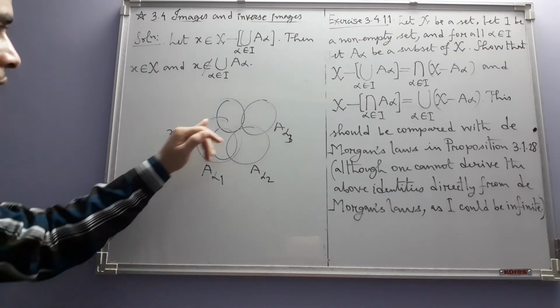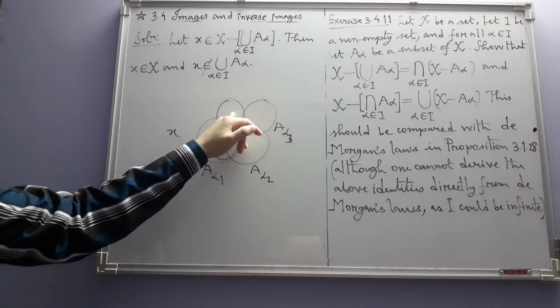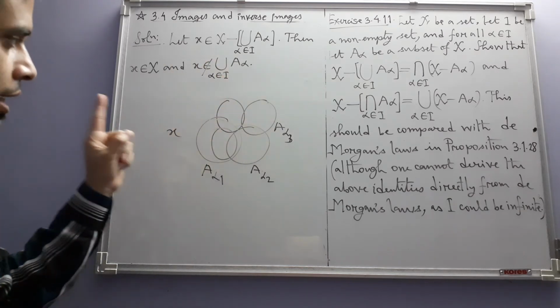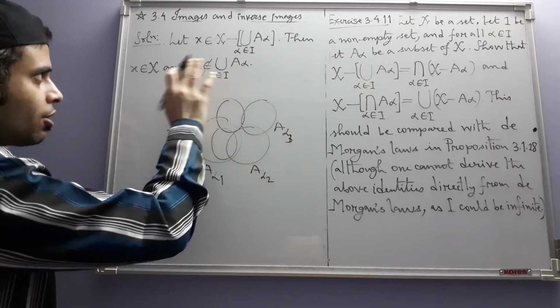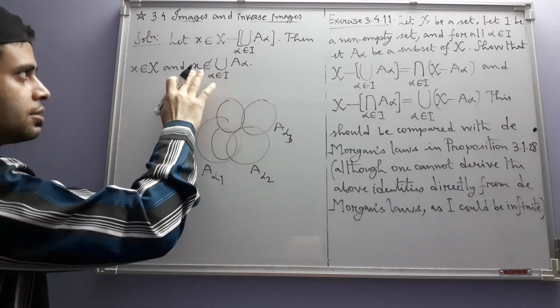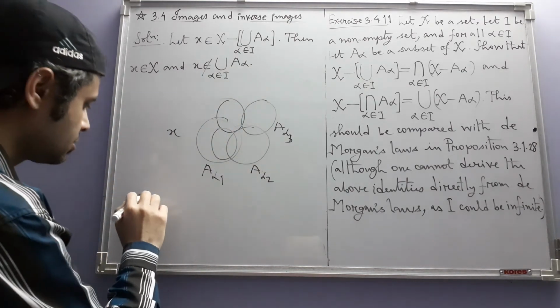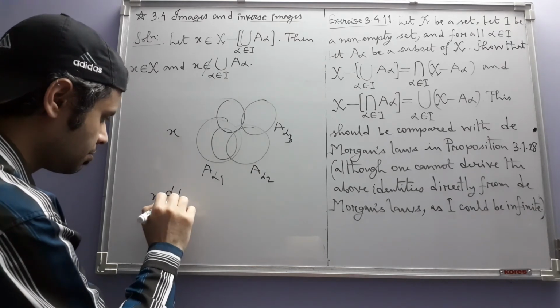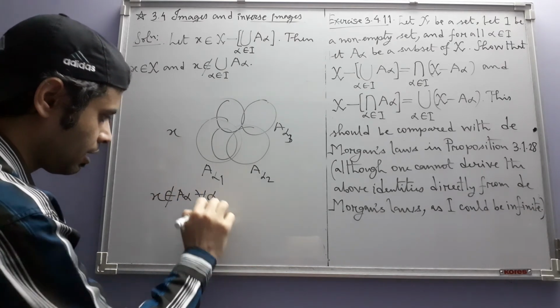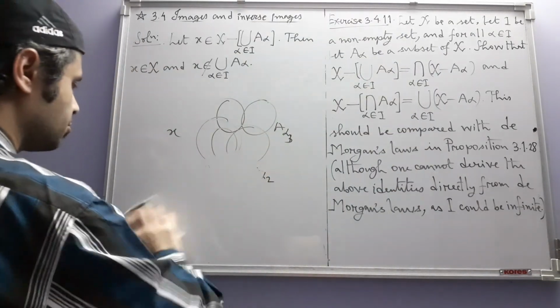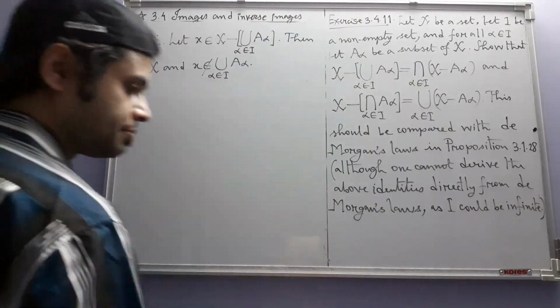So do you think x can belong to any one of them? Definitely not, because then it would belong to the union. That means x does not belong to any A alpha. That is, x does not belong to A alpha for all alpha. That's the conclusion.